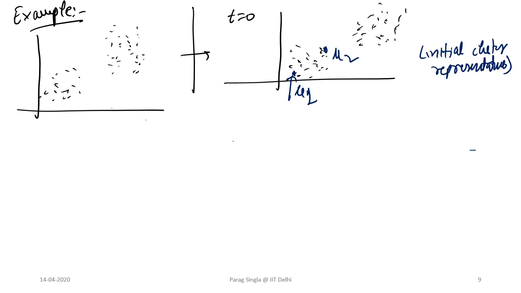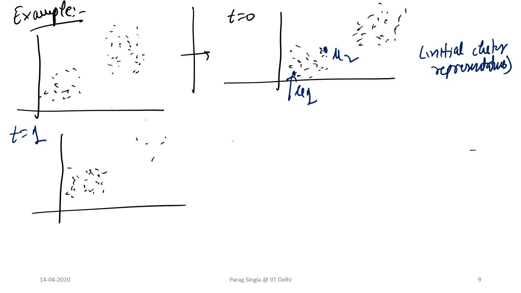And then in the next step, at t equal to 1, you will first find your cluster assignments given these cluster representatives. It is not very difficult to see that your new cluster assignments will be given by this line, which separates points on the left side to be in cluster one and points on the right side to be in cluster two.